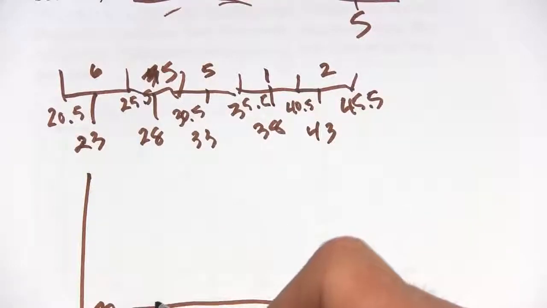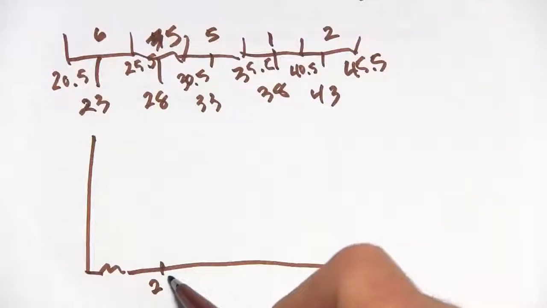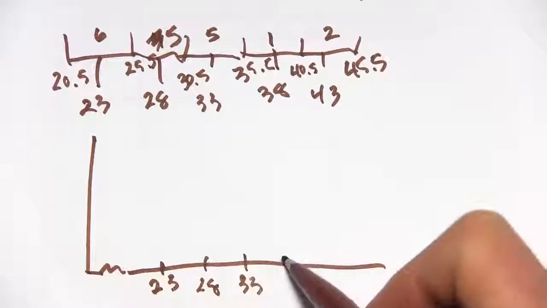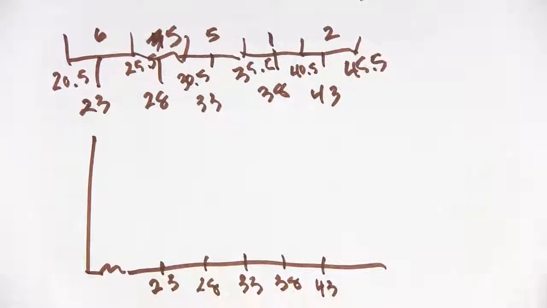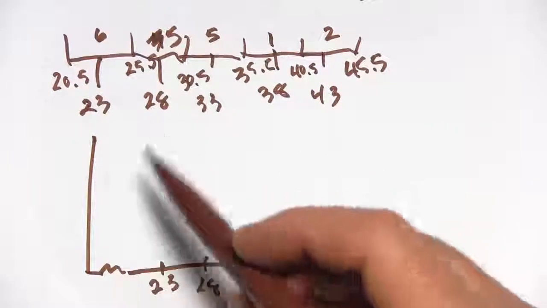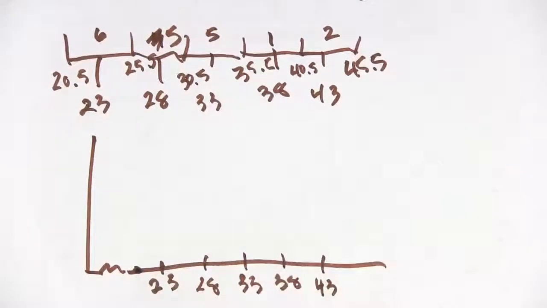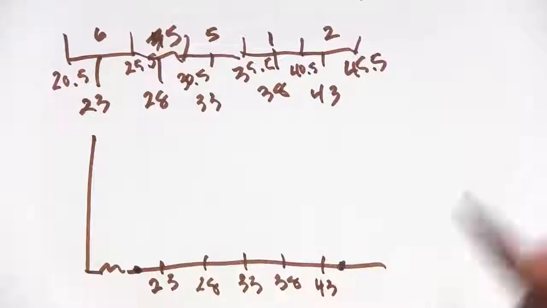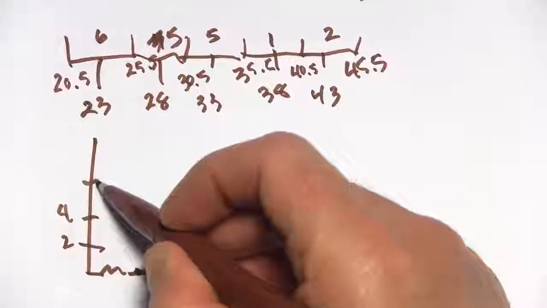So I'm going to start by putting my midpoints down here. So there's 23, 28, 33, 38, 43. And then, our endpoints, we're going to have 0 on those. So I'll put 20.5, we'll estimate that about there. That's going to be 0. And our 45.5 about there, that's going to be 0 as well. And then we'll just put in a few numbers here.